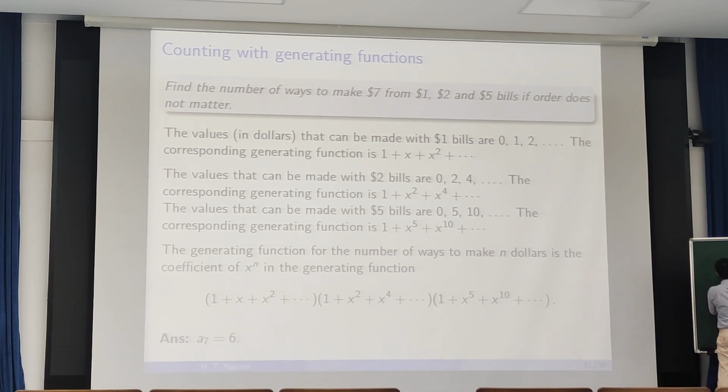I will write for each sub-series here all the terms corresponding to a sum smaller than or equal to 7. And here I will have 1, x to the 2, 4, and 6.